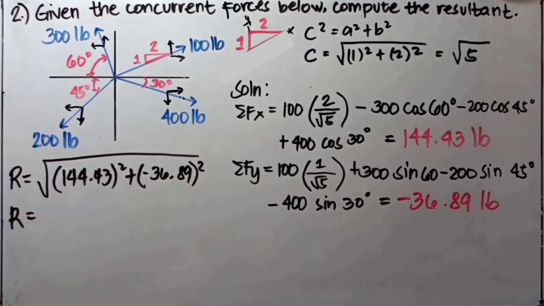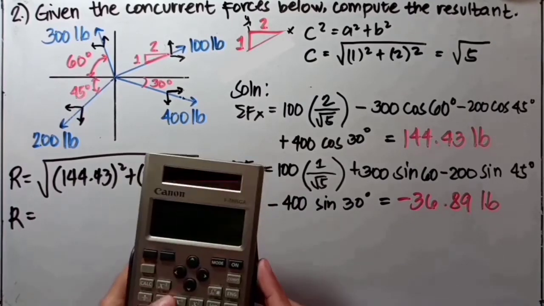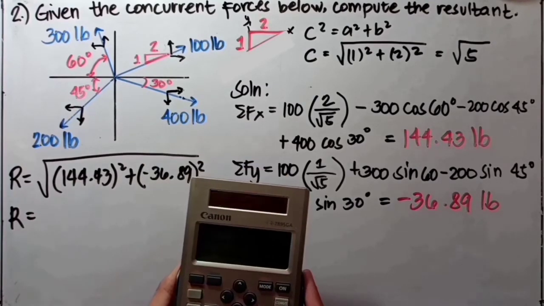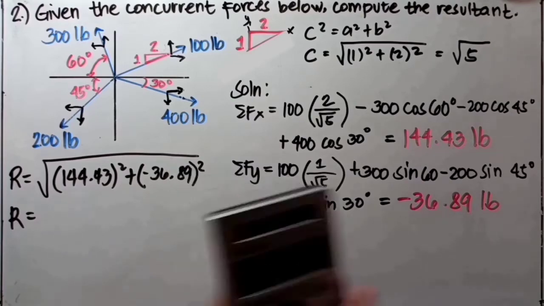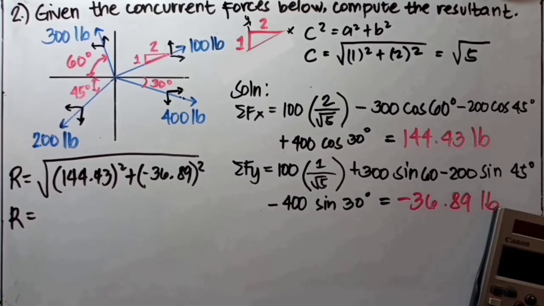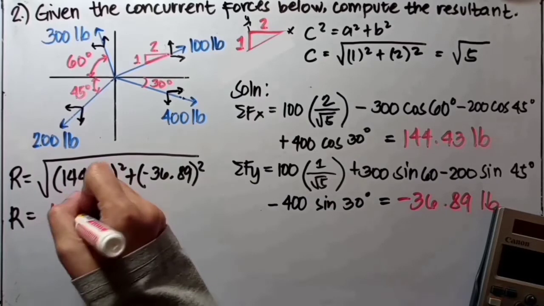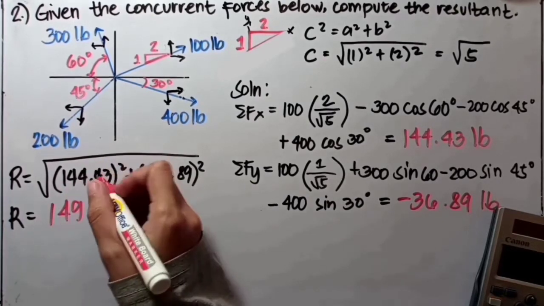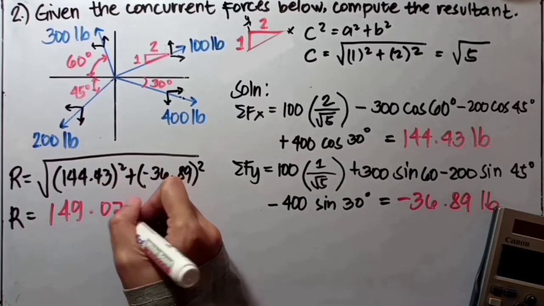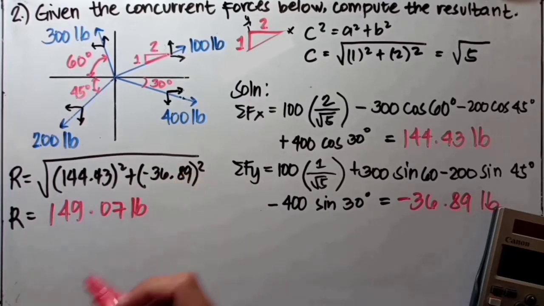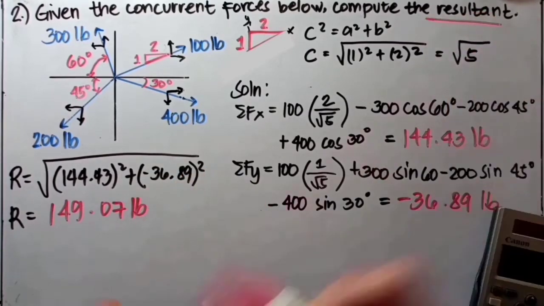So, makukuha natin ng R na value pag i-calculate natin, which is 149.07 pounds. So, yan na ang ating resultant. Yan din ang hinahanap sa ating problem.